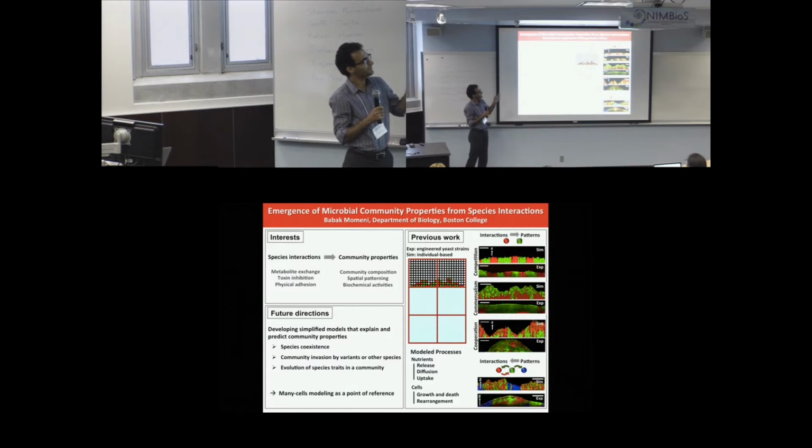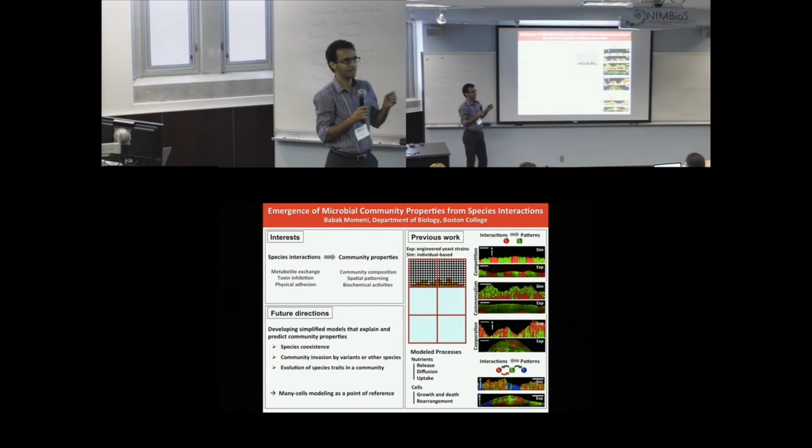And what we have done before, as Wen-Ying talked about in more detail, is using an experimental system that was based on engineered yeast strains with defined interactions, as well as the corresponding simulation method, which was a simple agent-based model that included processes such as nutrient diffusion, consumption, and release, as well as cell activities such as cell growth and death, as well as cell rearrangement, to look at the spatial organization of cells depending on different types of interactions in these communities.